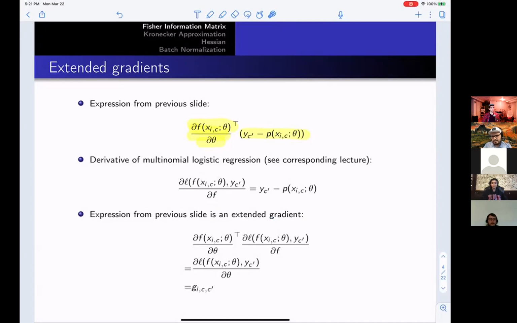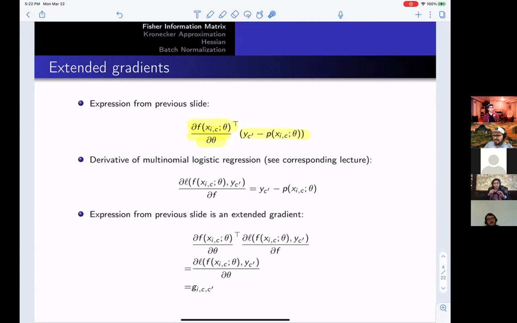Yes, it is homework 1. Yeah, that is correct. Because in homework 1, you calculated two things, right? The derivative of the cross entropy loss and the Hessian of the cross entropy loss. So here we're looking at the derivative of the cross entropy loss. In the previous slide, it was the Hessian.